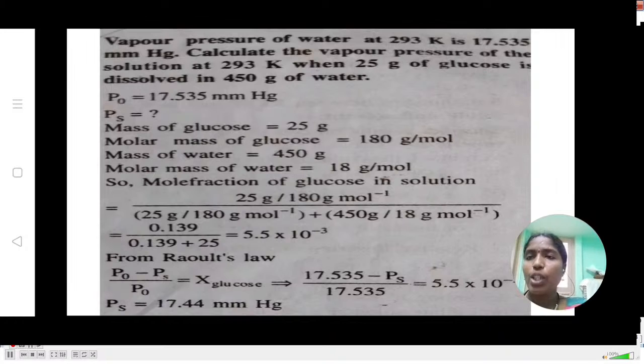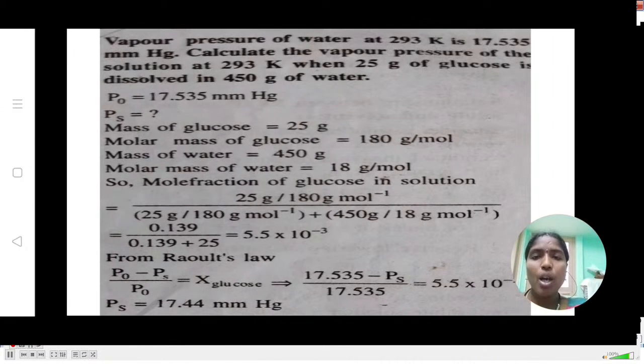Mass of the glucose is 25 grams, molar mass of the glucose 180, mass of the water is 450, molar mass of the water 18. So mole fraction is equal to number of moles of the glucose by total number of moles of the solution. So 25 by 180 whole by 25 by 180 plus 450 by 18. We get 5.5 into 10 to the power of minus 3. This is the mole fraction.